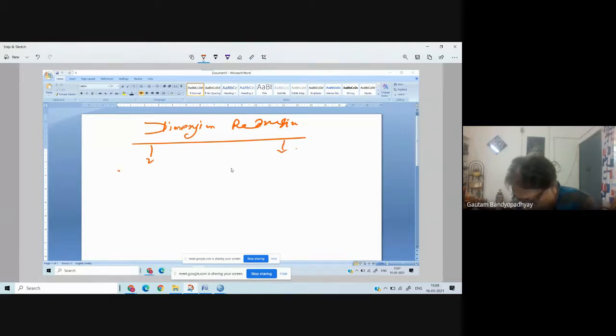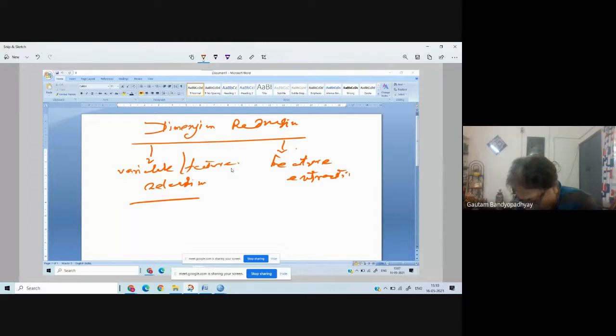One is variable or feature selection. Okay, selection. Another is feature extraction.